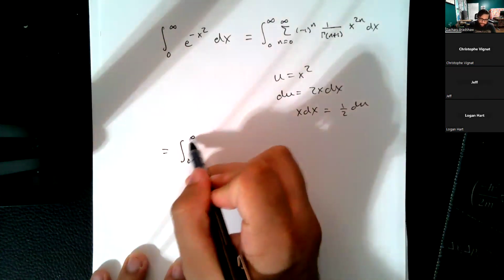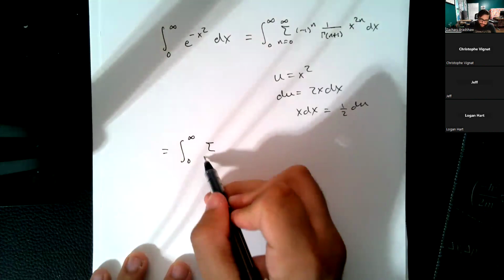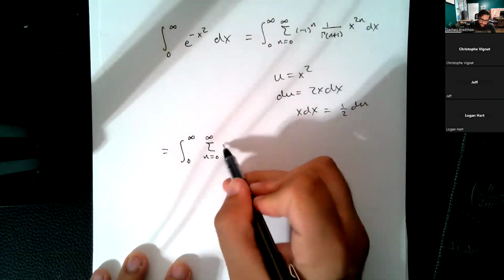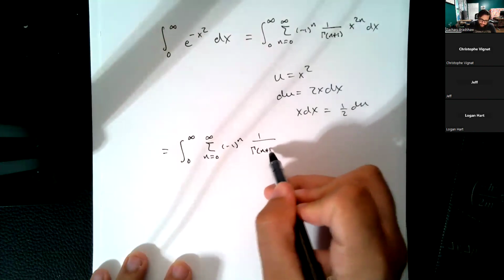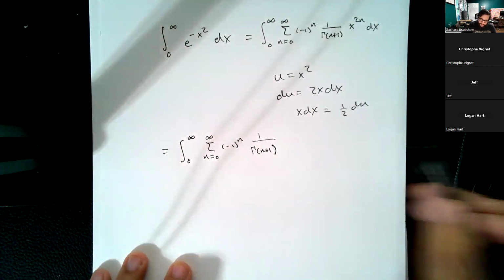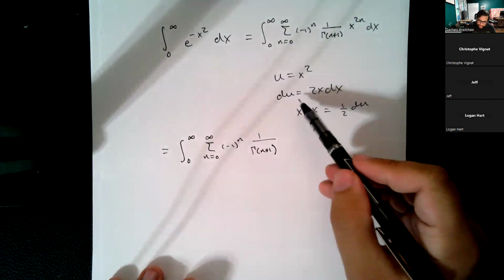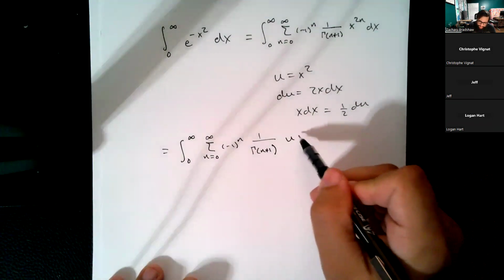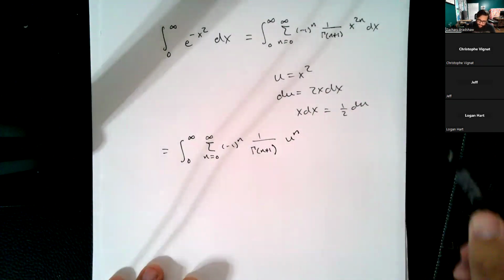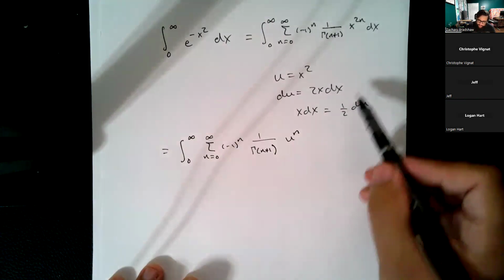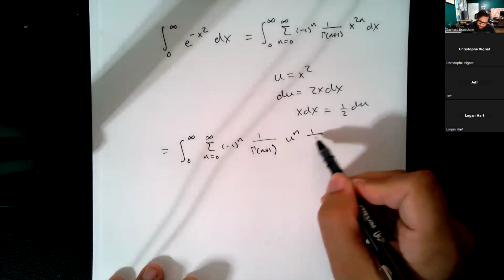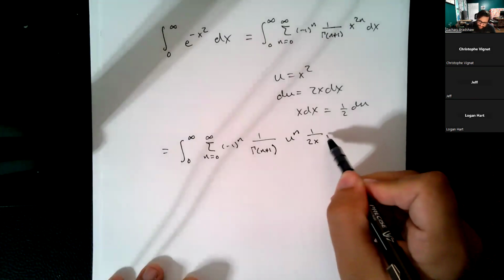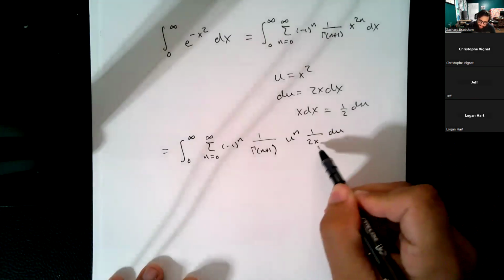So this is an integral from 0 to infinity, sum from n equals 0 to infinity, minus 1 to the n, 1 over gamma of n plus 1. And now I have u to the n, and then I have this dx, I'll write it as 1 over 2x du, but what is x?